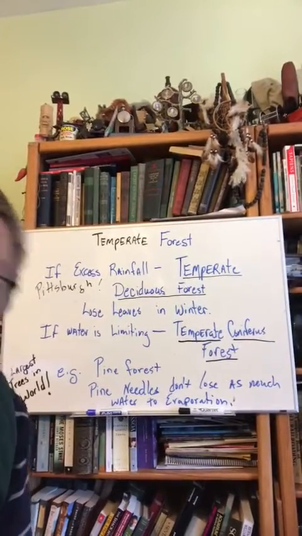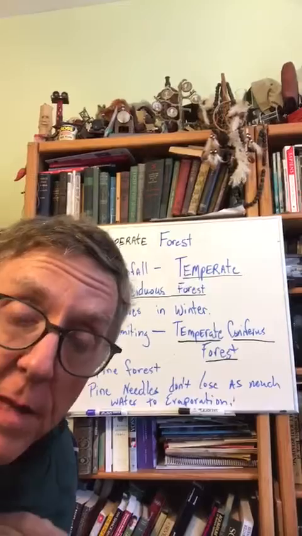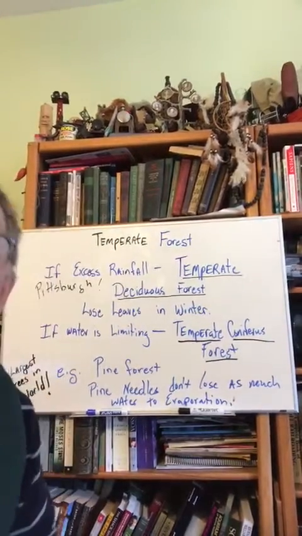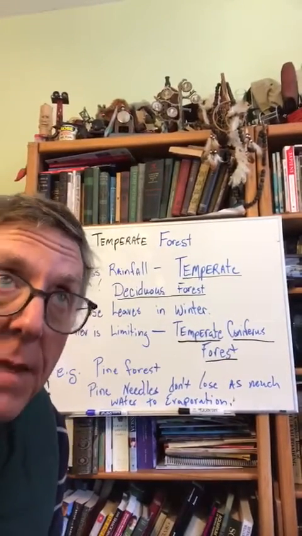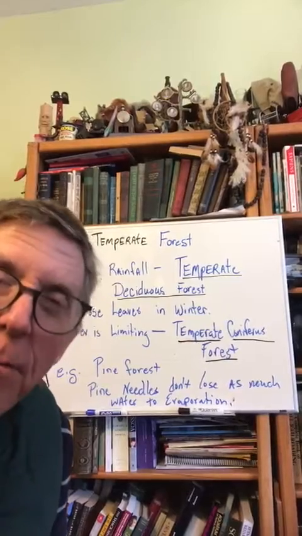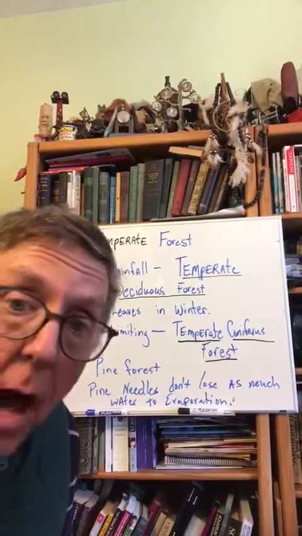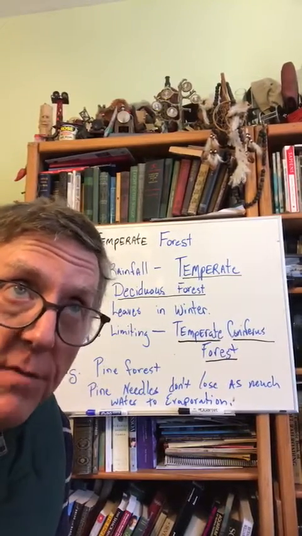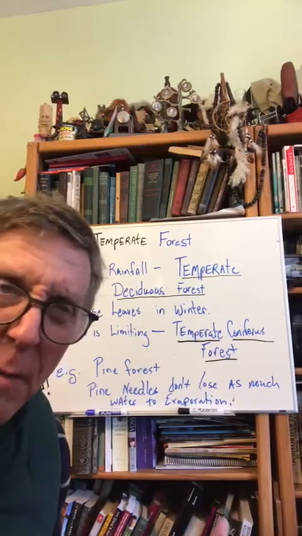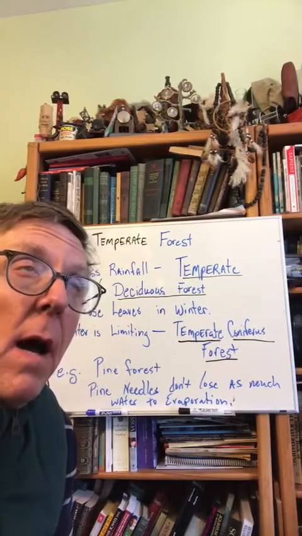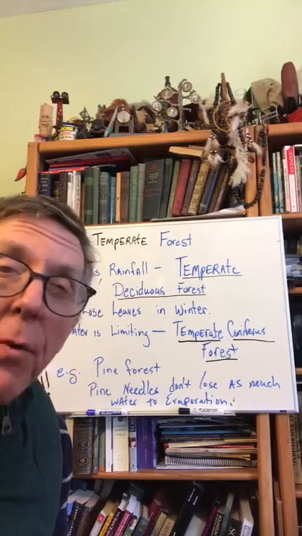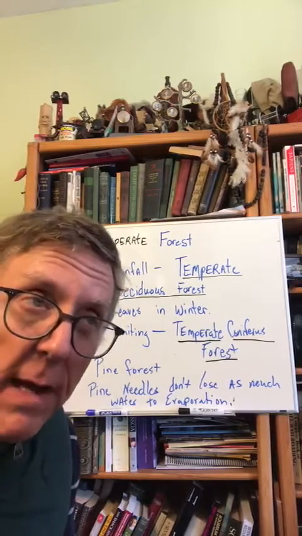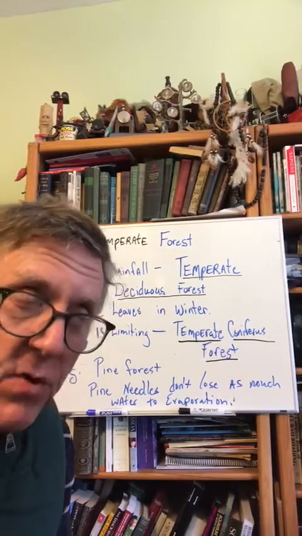All right. So we're still in the temperate forest. We're still in the temperate latitudes, and we have areas that get enough rainfall for trees. So we talked about the temperate grasslands. They don't get enough rainfall throughout the year for trees.